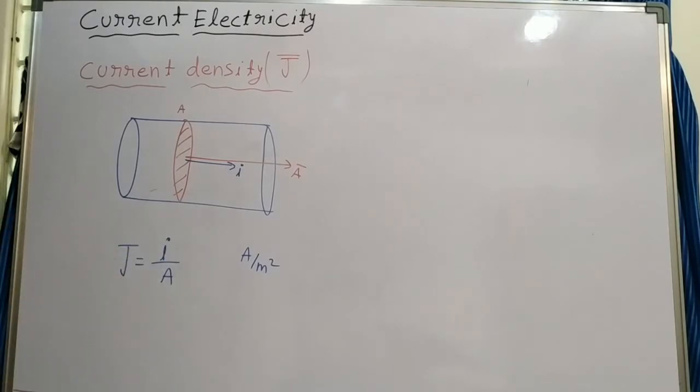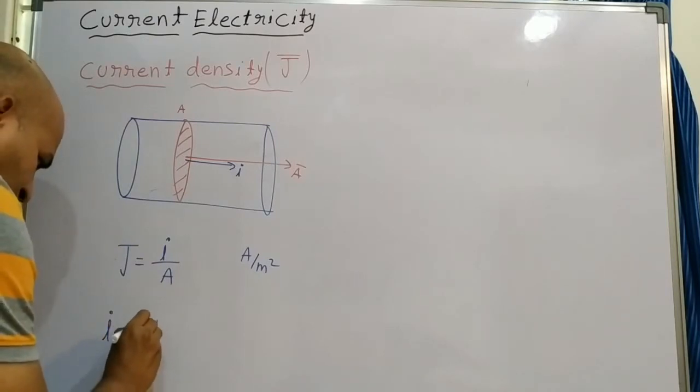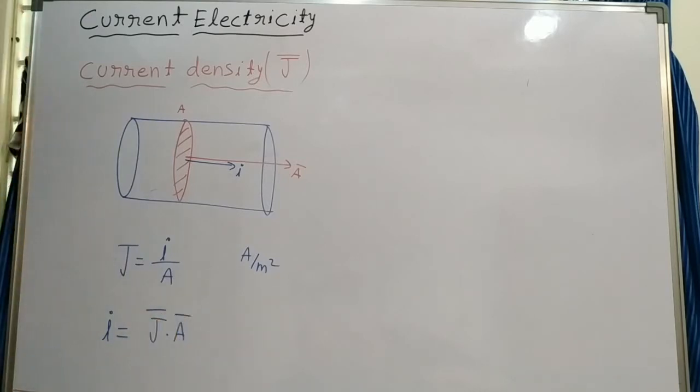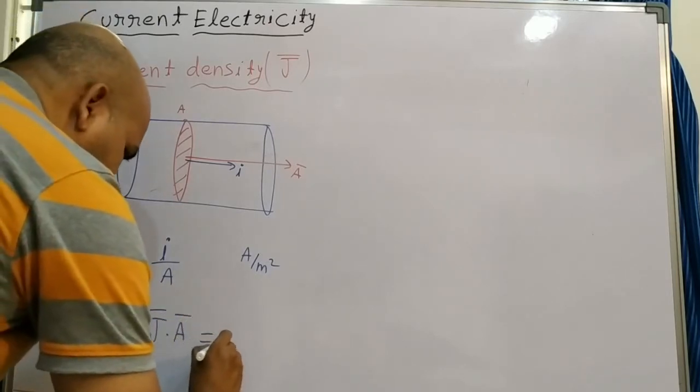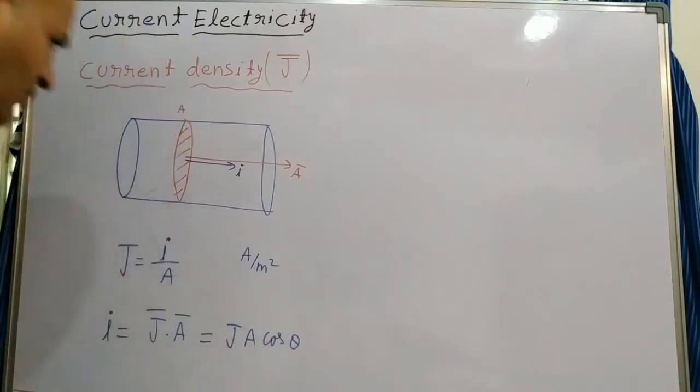So we can write electric current I is equal to J bar dot A bar. Why? Because J and area A are vector quantities, and current is a scalar quantity. On multiplying two vectors, we are getting a scalar, which means it must be a dot product. That means you can write it as J A cos theta. Of course, here theta is 0, so cos 0 is 1.